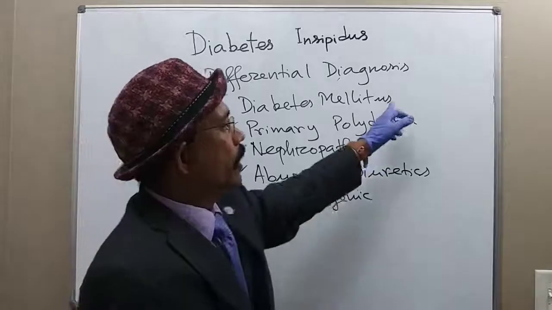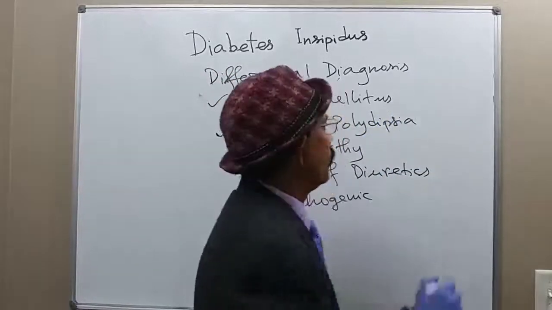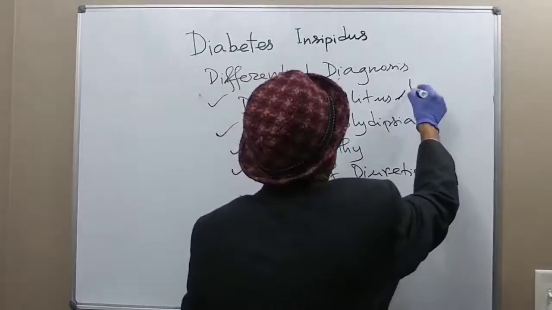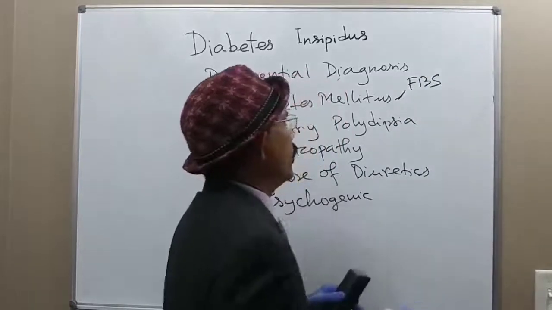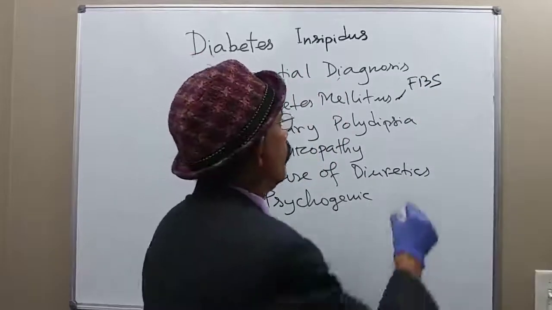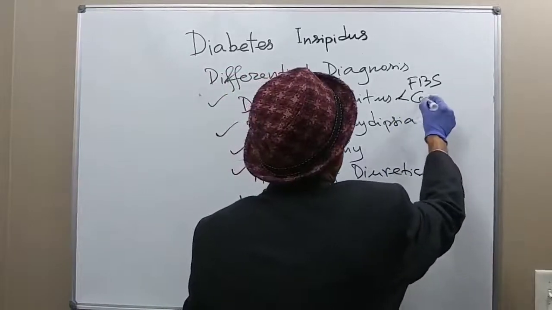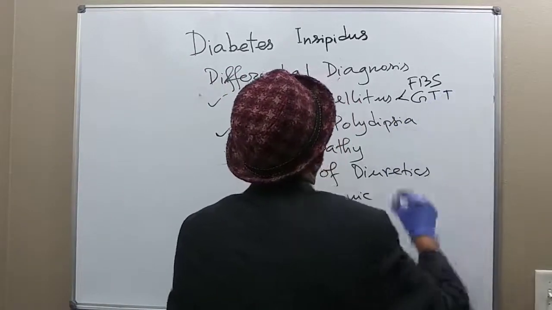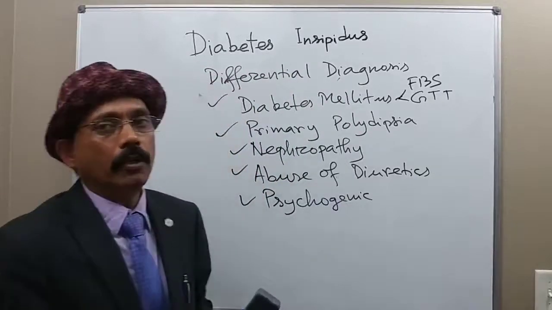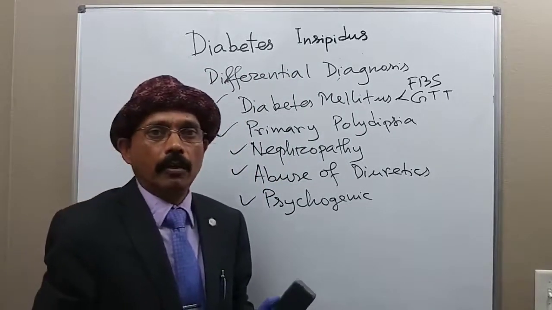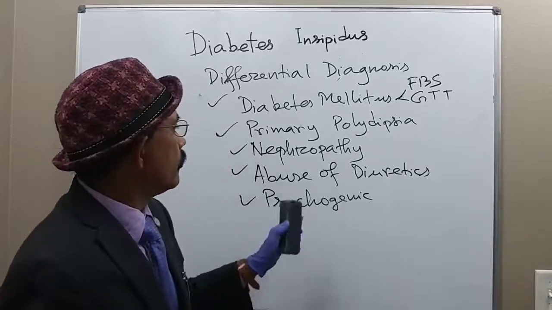First of all, diabetes mellitus. If we go through fasting blood sugar, we'll find out whether diabetes is present or not, or glucose tolerance test. We can easily diagnose diabetes mellitus. Primary polydipsia, we may go through the water deprivation test.